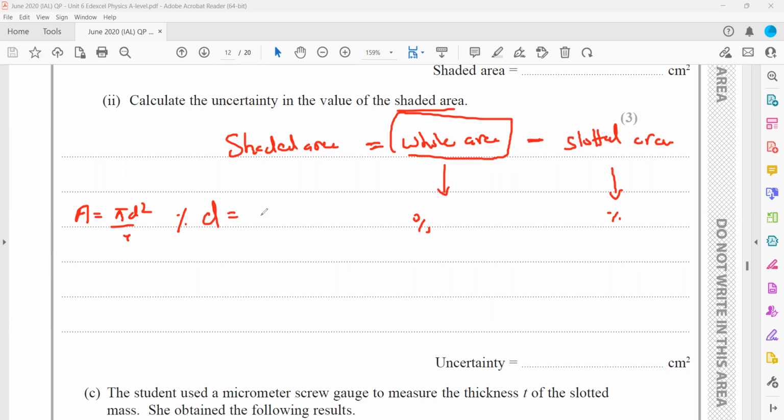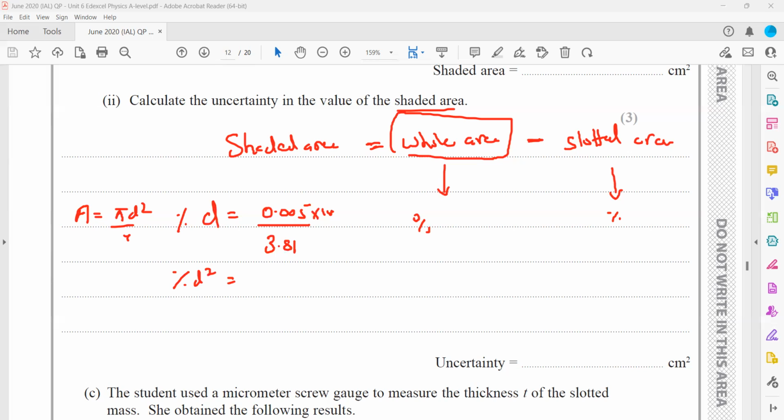So what is the percentage uncertainty in d? Because we are using a measurement, this will be 0.005 divided by the value recorded. The value of d was 3.81, multiplied by 100. This will give us the percentage uncertainty in d. But what will be the percentage uncertainty in d square? If the power is square, it becomes twice.